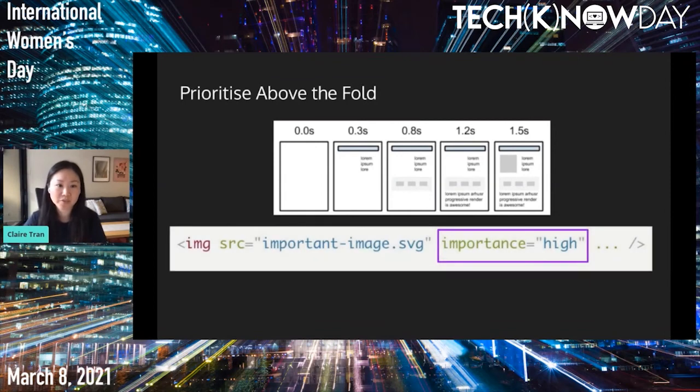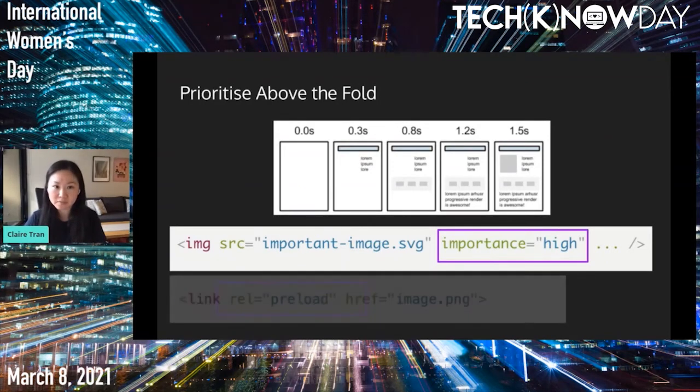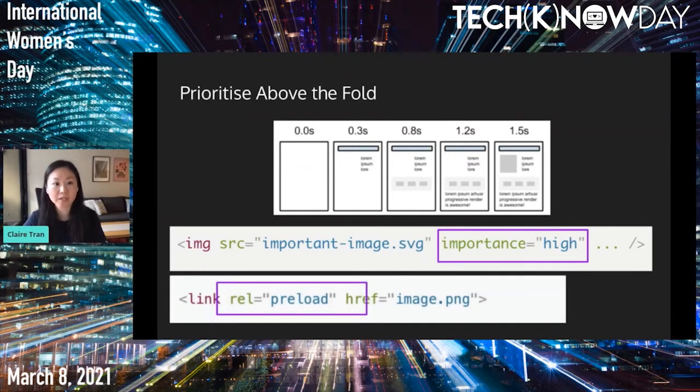So one thing that we can do is any image that is above the fold and termed critical, we can add the importance attribute to tag that this is of high importance. So load this image first. We can also add preloading so that we are asynchronously loading these images and then they're ready to be loaded as they're needed.